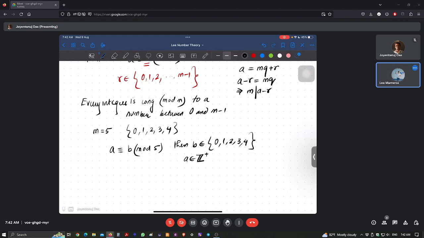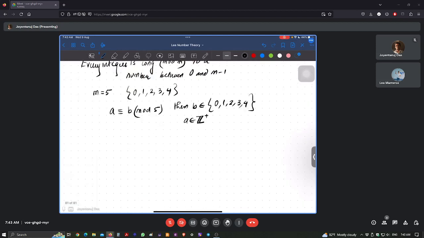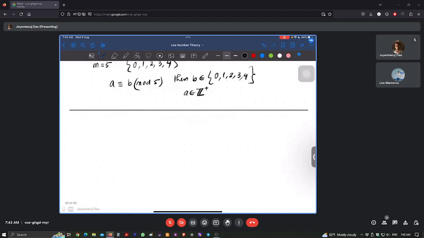So the approach is fine. Then the next we'll have some operations. They're saying that congruences with the same modulus.